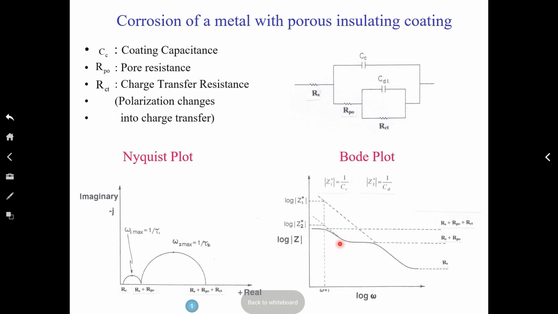And then from the extension of the two linear parts, you will get the 2C. Same thing, whether you do the Nyquist plot or the Bode plot, the ultimate goal is to get numerical values for the circuit elements.